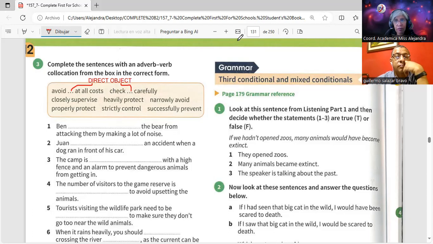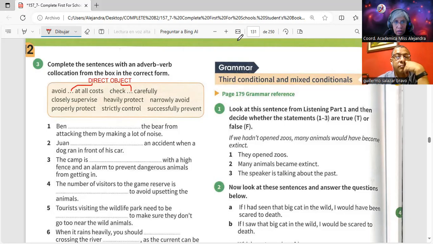You must check it carefully. So in the case of the expressions avoid at all costs and check something or someone carefully, you have the direct object in between the verb and the adverb. Check carefully, avoid at all costs.